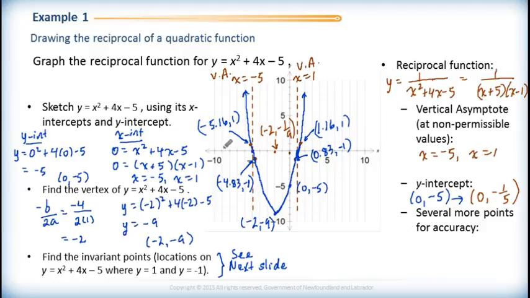So we can just do a reasonable guesstimate, I call it, of what that graph looks like. The smaller the positive, the larger the reciprocal, of course. So in between the invariant point and the asymptote, we're getting really small positive y values. So the reciprocals will be large positive after the invariant point.